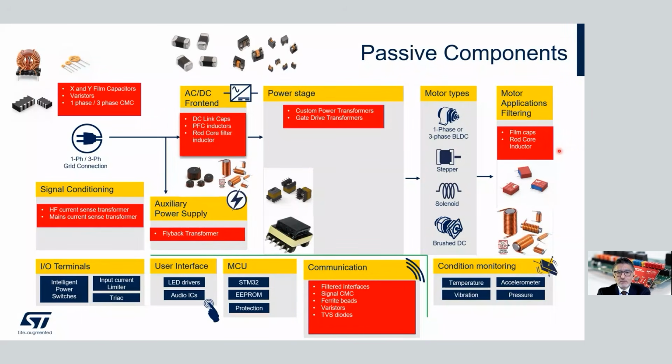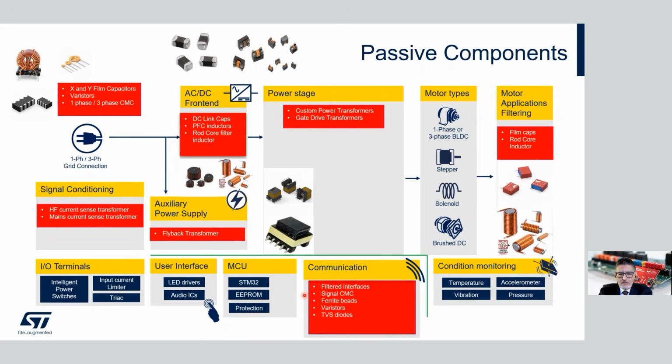With the comms, as Andreas mentioned, the brain of the operations, be it the MCU side of things or whatever communication protocols are used, there are a wide range of different filtering solutions in the form of low voltage common mode chokes, chip bead ferrites, as well as a wide range of transient voltage suppressors.